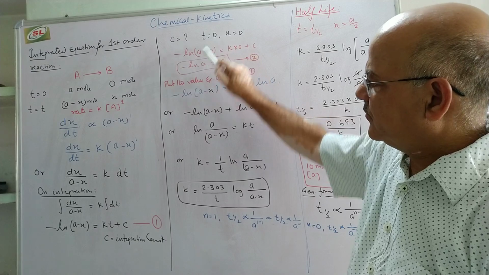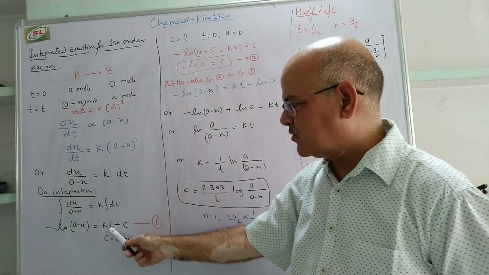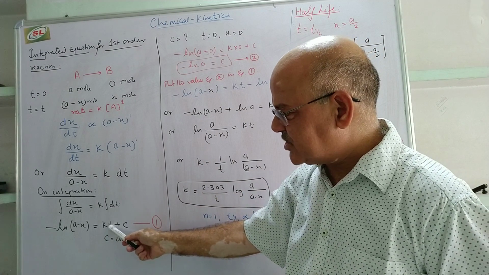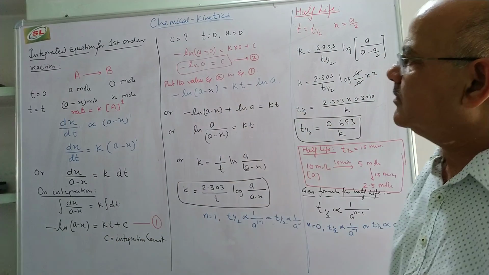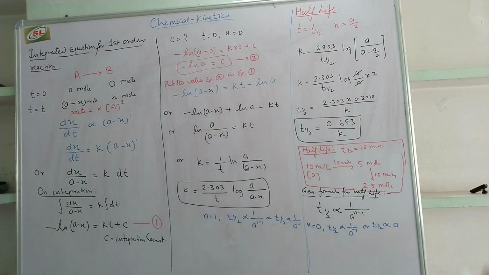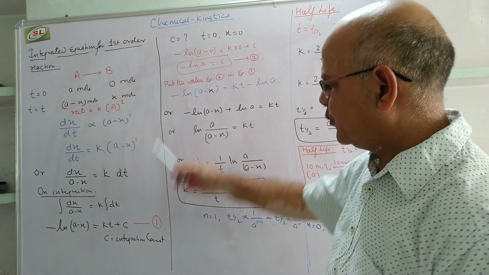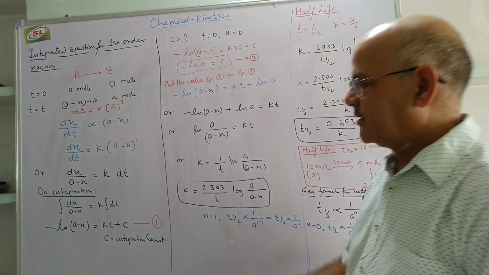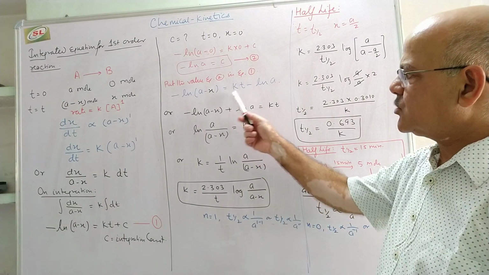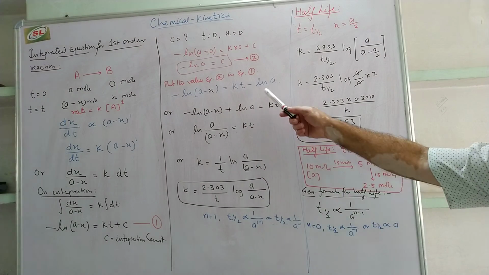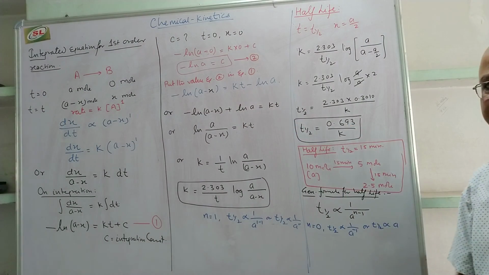Put the values of t and x in this equation. So t is 0, x is 0, and c comes out as minus ln a. The value of c we can put in the first equation, so minus ln a minus x is equal to kt minus ln a.